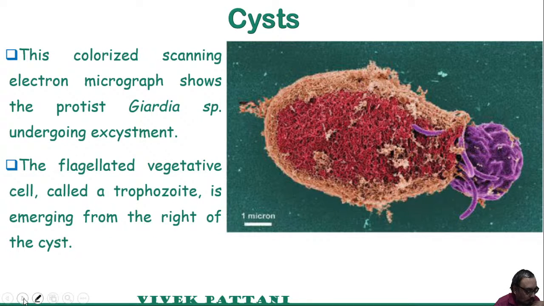Now please have a look at the photograph of the cyst given here, of a Giardia species, which is still undergoing an excystment process. This flagellated vegetative cell, called a trophozoite, is emerging from the right of the cyst, the blue colored one, with the covering given here.